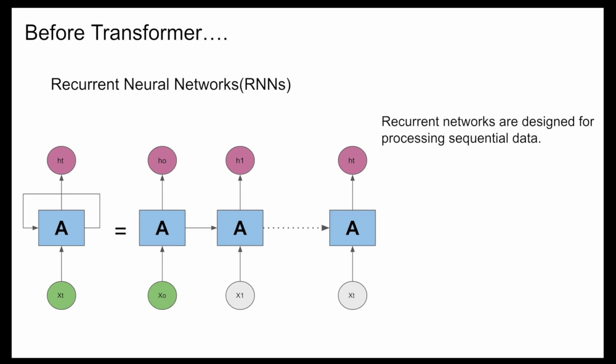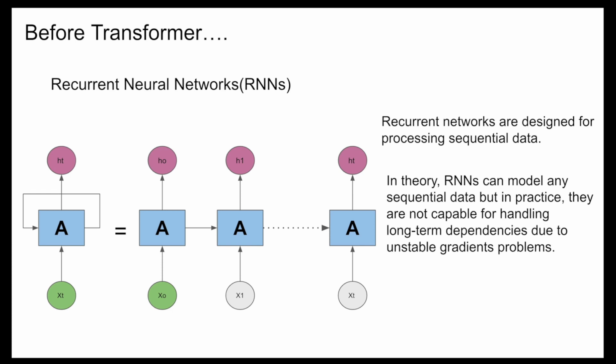The third approach is the recurrent neural network. Recurrent neural networks or RNNs are designed for processing sequential data. In theory, RNNs can model any sequential data, but in practice, they are not capable of handling long-term dependencies due to unstable gradient problems.